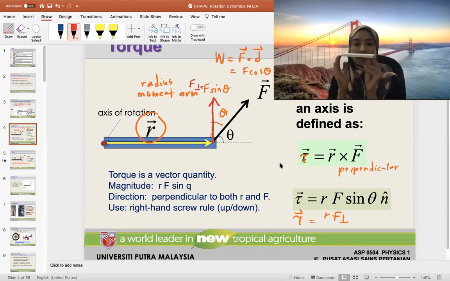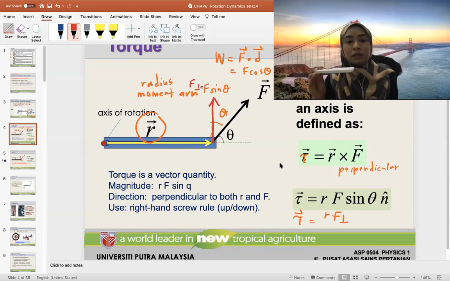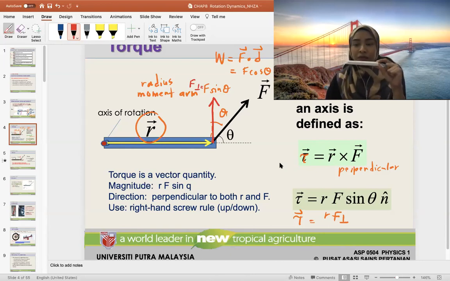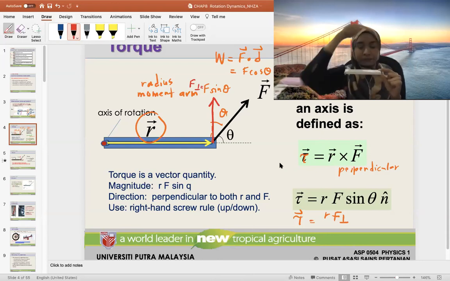Okay, so I am trying to imitate the diagram in the slide. So this is my beam, the wooden beam. The axis of rotation is given by my finger. So it rotates about this point. This is my axis of rotation, right?